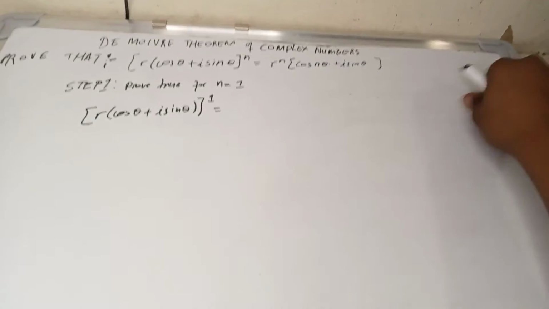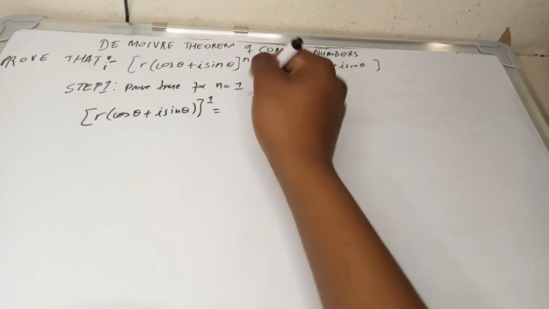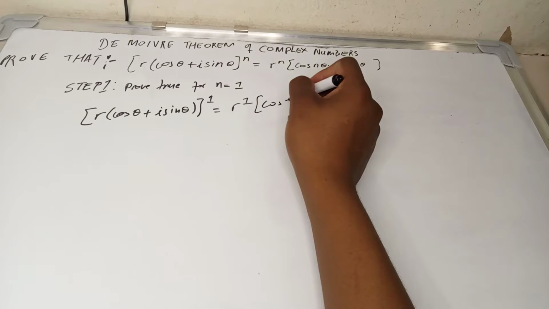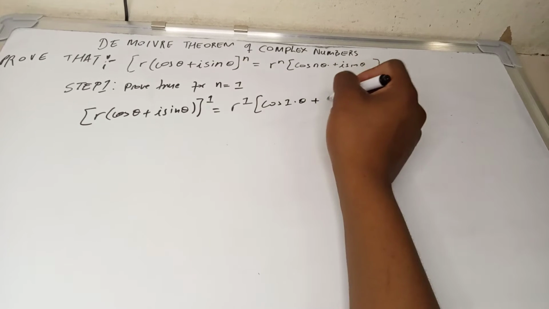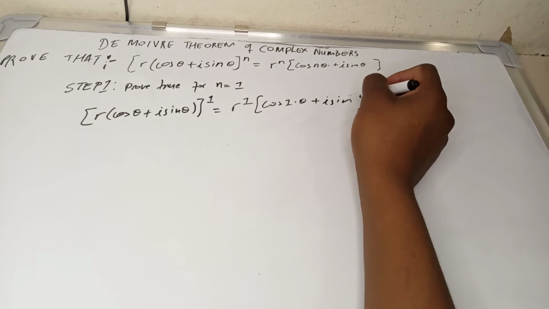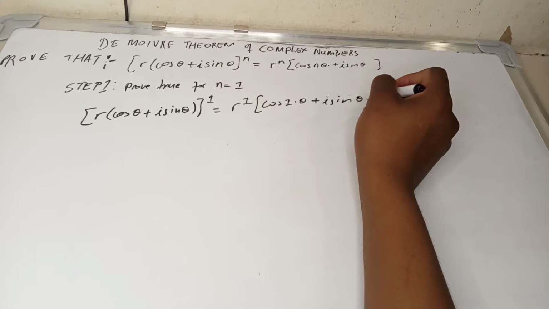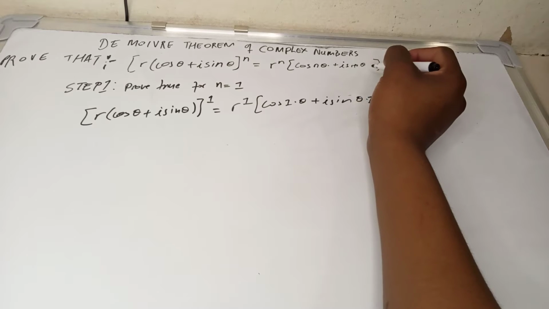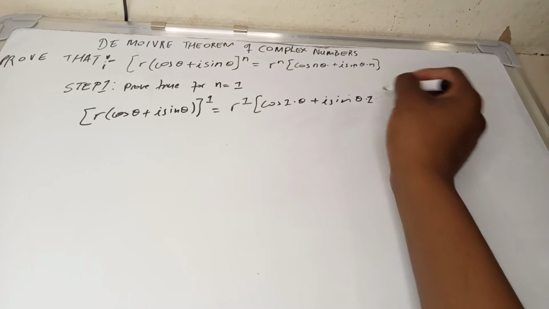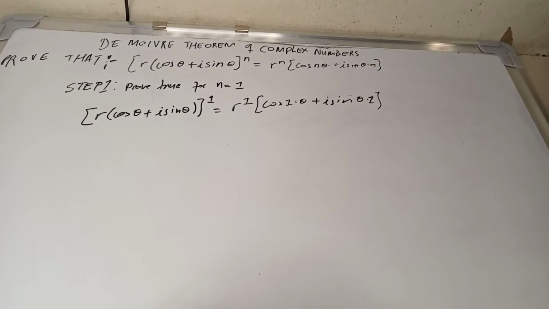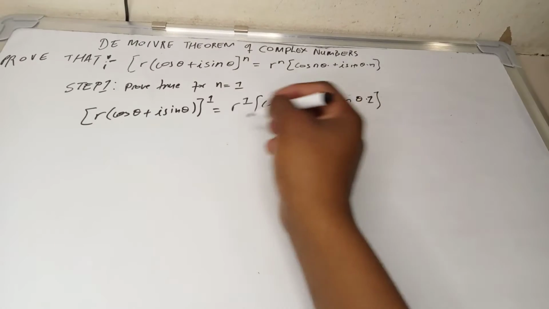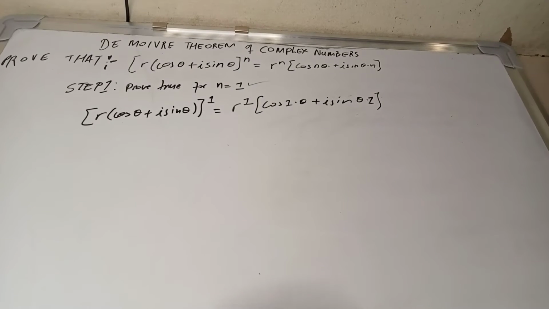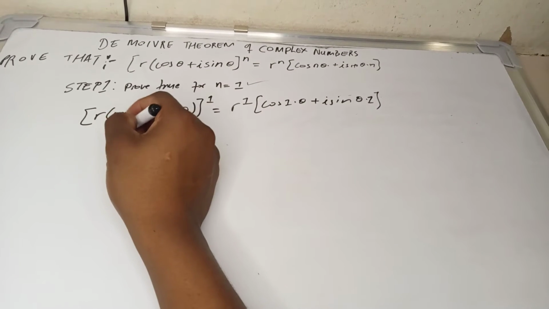So this is going to be r to the power of 1, cos of 1 times theta plus i sin of theta times 1, instead of this n here. Oh, there's an n there. So it is indeed true for n equals 1. Step 1 proved. Now step 2.